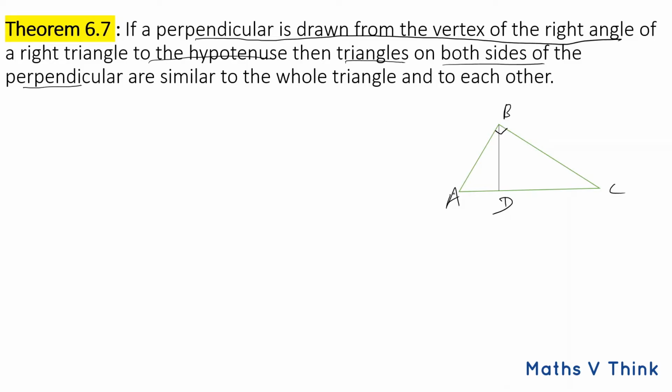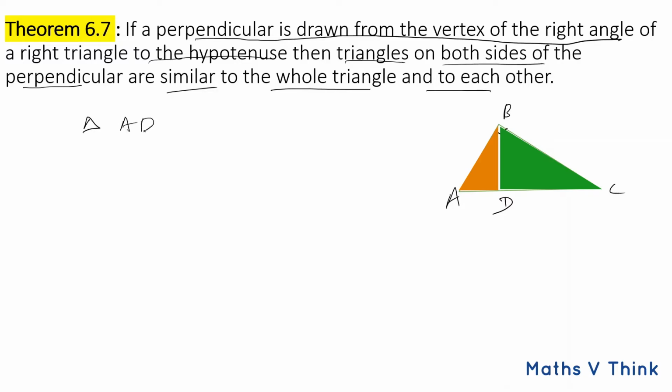So there are two triangles on the sides of the perpendicular, that is ABD and BDC, which are similar to the whole triangle and to each other. That means we can say triangle ADB is similar to triangle ABC.